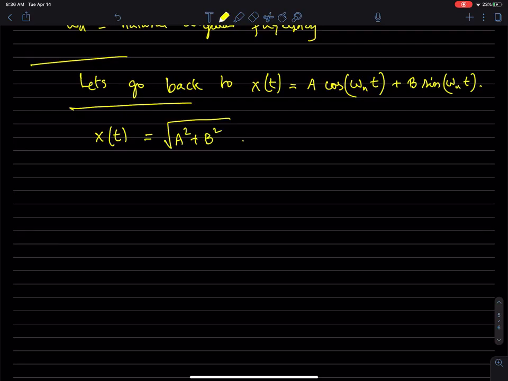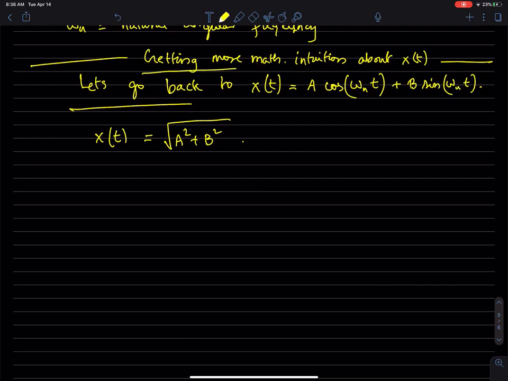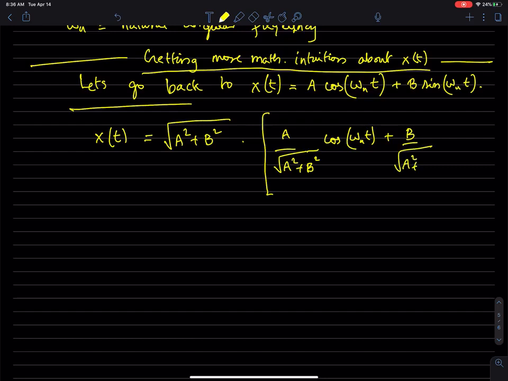This is to try to get more math intuition about the motion. So we multiply and divide by the square root of A squared plus B squared, and we get A over the square root of A squared plus B squared times cosine omega n t, plus B over the square root of A squared plus B squared times sine omega n t.